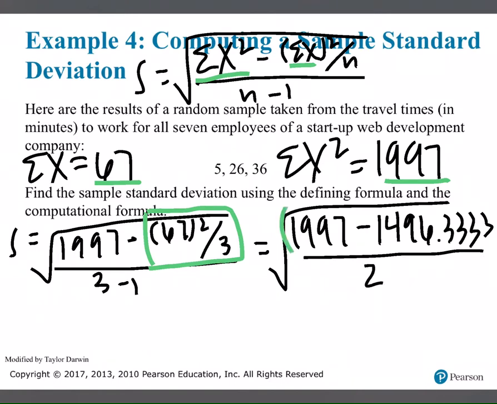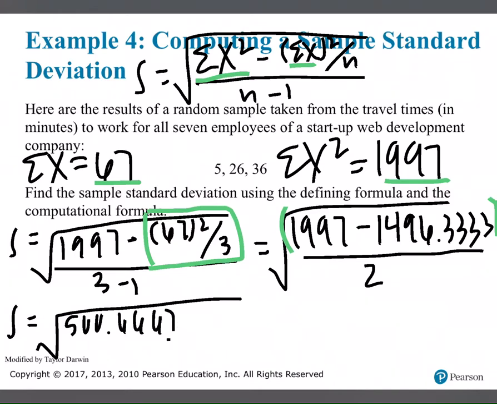Same thing, I would then tackle this. I would subtract them from each other. When I subtract them, I get 500.6667 divided by 2. I did not need that much of a square root, sorry about that. Divide that by 2, right? We're doing the square root very last.